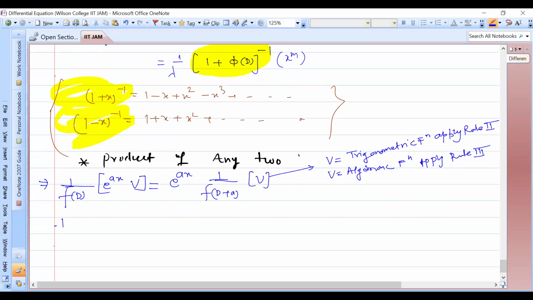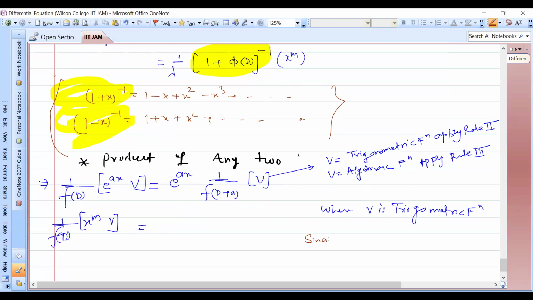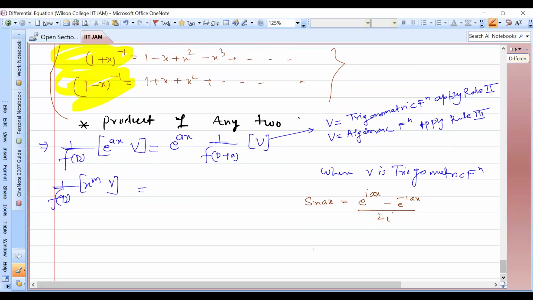Another thing, 1 upon f of D, x raised to m into V. Again, suppose V is a trigonometric function. Most probably everyone is familiar with this formula: sin ax is e raised to iax minus e raised to minus iax upon 2i, and cos ax is e raised to iax plus e raised to minus iax upon 2.